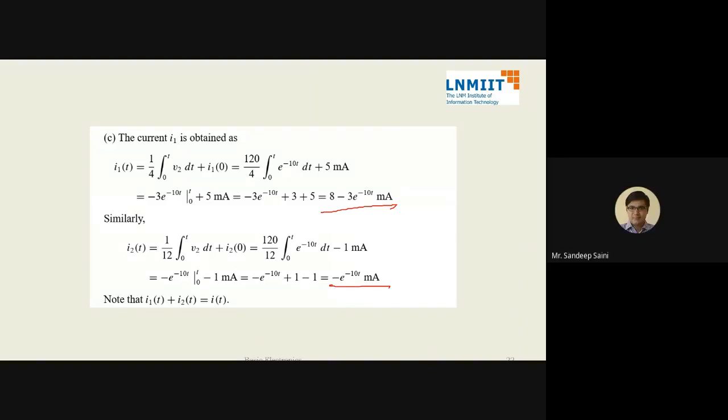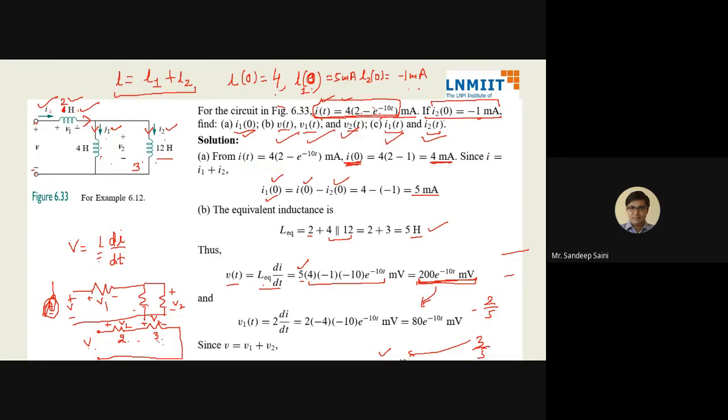One thing you have to be very careful about, that the equation for current was 1 by L integration V dt plus I naught. Don't forget I naught. So when you are calculating the current I1, we are concerned about this inductor. What is the voltage across this inductor? V2.